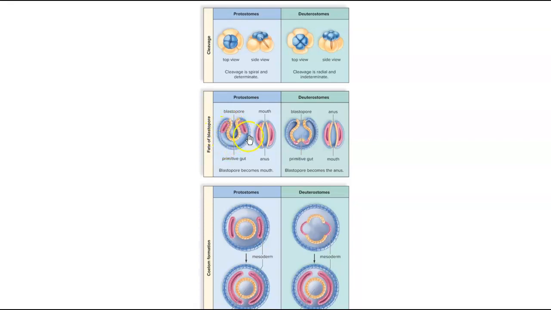The blue tissue is called ectoderm, and the pink tissue is called mesoderm. So you can see that the ball of cells is going to form an indentation, or an invagination. That indentation is the blastopore, which becomes the mouth in a protostome. In a deuterostome, that first opening, the blastopore, becomes the anus.